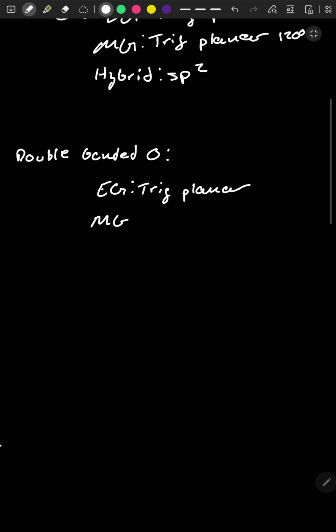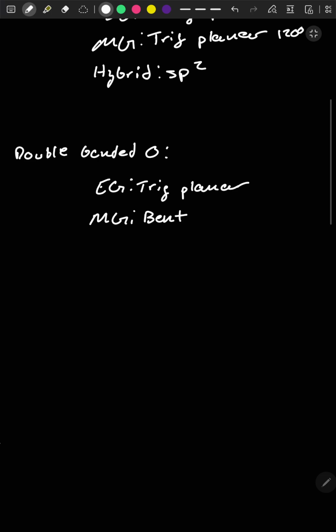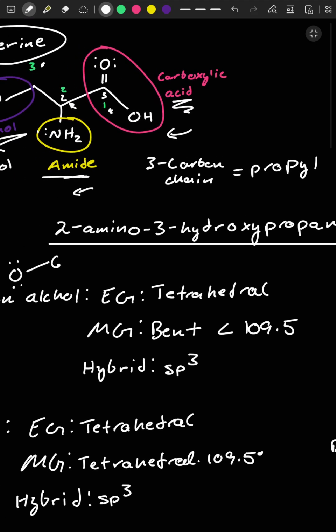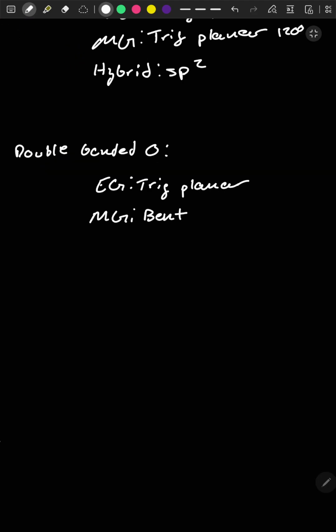The molecular geometry, however, is going to be bent because of the two lone pairs. And our angle for the bent is going to be at 120. And then our hybridization is going to be sp2.